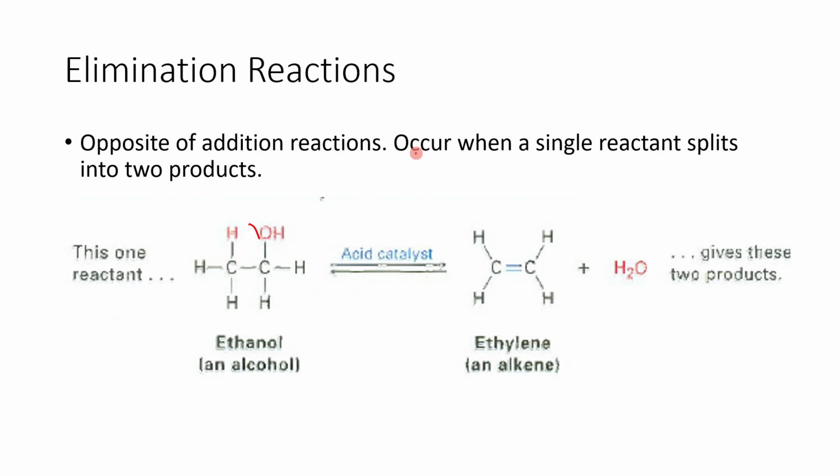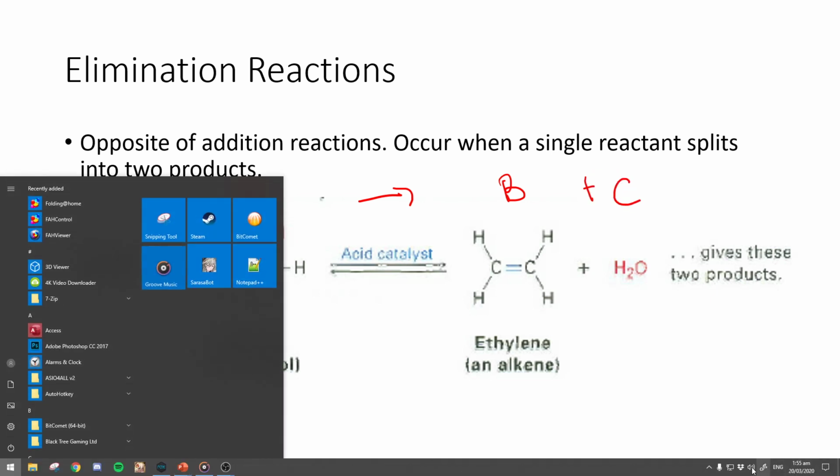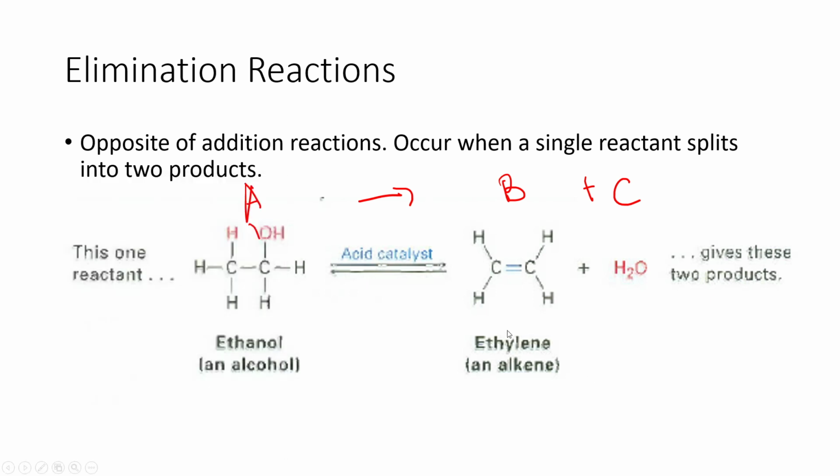So in this compound, you have A that will degrade into B and C. Okay, so that is the summary of this reaction. One reactant becomes two products. Please take note that there is only one reactant in this reaction.